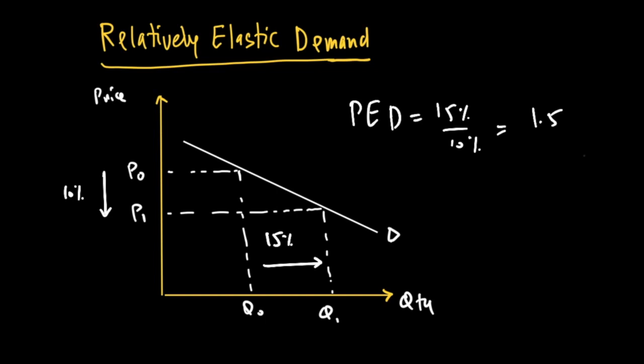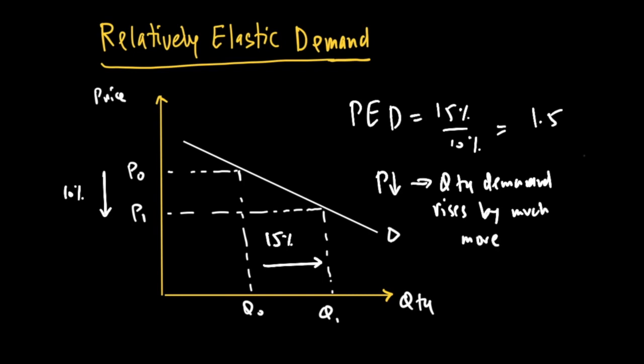What is important to see is this: when the price goes down, the quantity demanded goes up by much more. So quantity demanded rises by much more, and that would mean if I lower my price, my total revenue will go up. Why? Because the change in price is smaller than the change in quantity. What I lose out in price, I can gain much more in quantity.